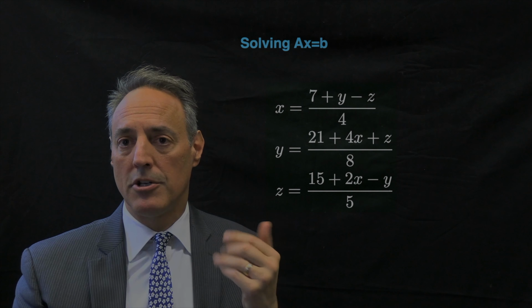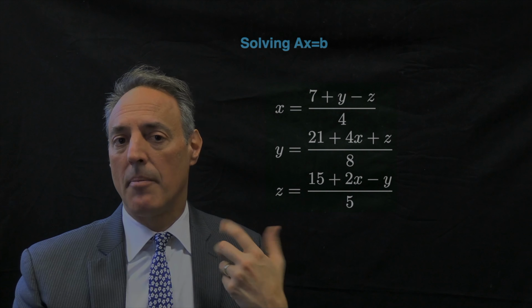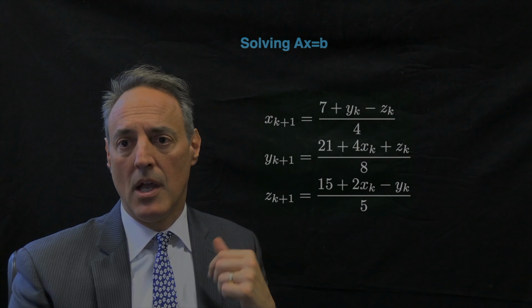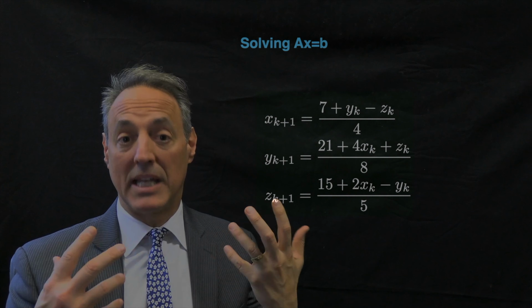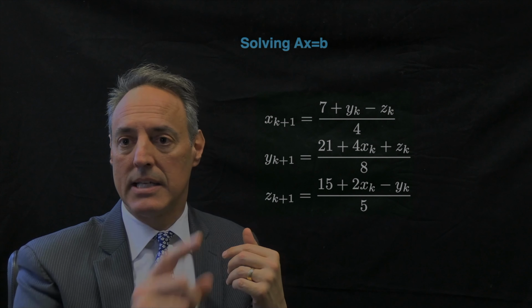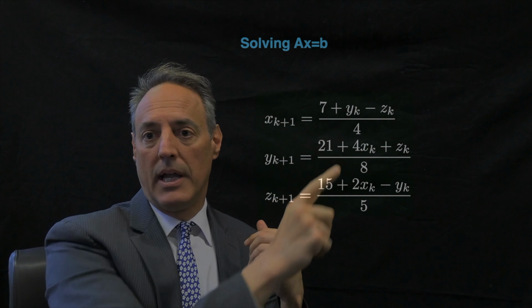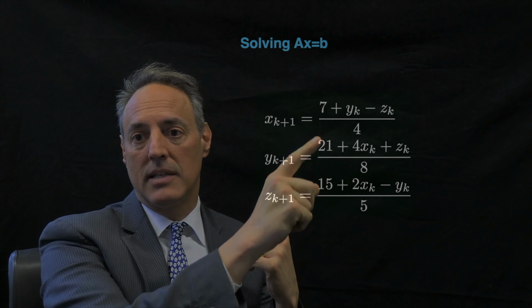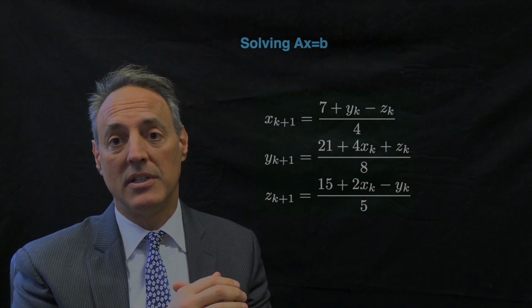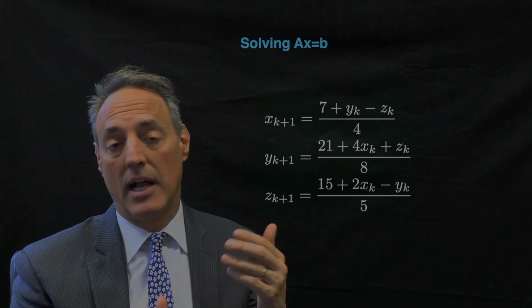But now what I'm going to do is make up an iteration scheme. Here's how it's going to be. I'm going to start with some guess for x, y, z and throw it into the right hand side. These are the right hand sides, and these are the x_k, y_k, z_k. And I'm going to produce new values of x, y, z, which are at the k+1 step.